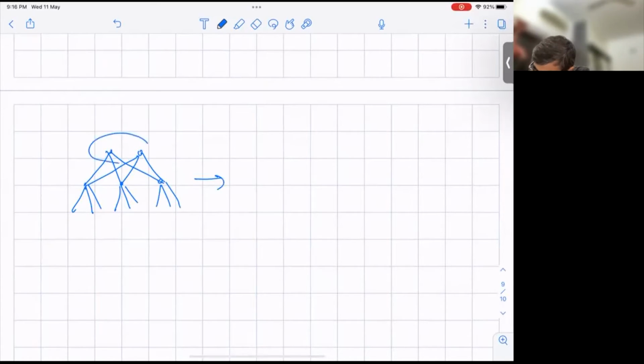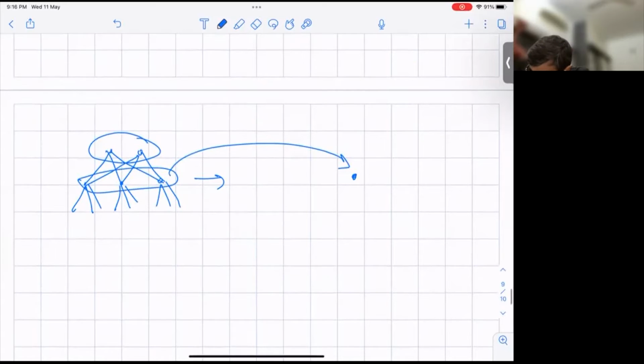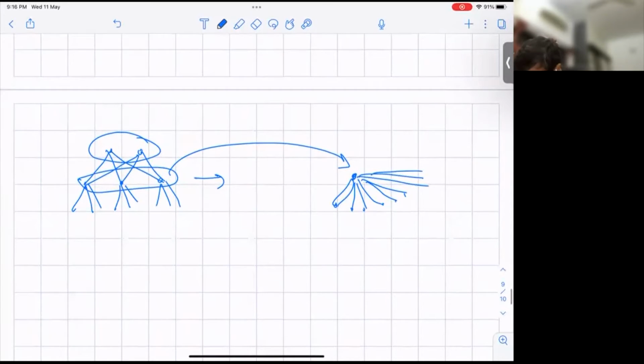You're going to delete this set of vertices, delete this set of vertices, and introduce a single vertex for this. And it is adjacent to 1, 2, 3. So this guy is representative of this. Whichever vertices this set was adjacent to here, this guy is adjacent to. So this is basically a folding operation. This is what is called the folding operation.